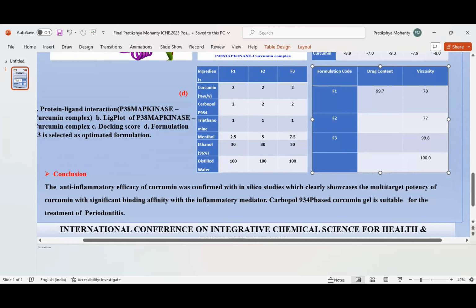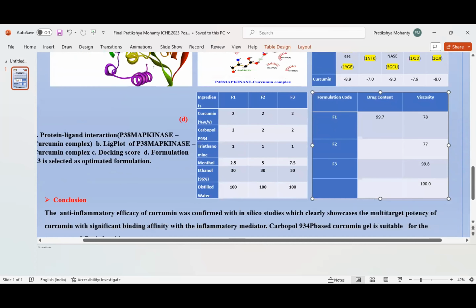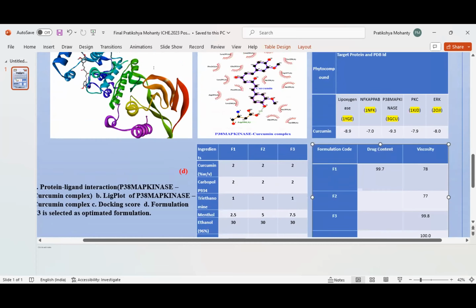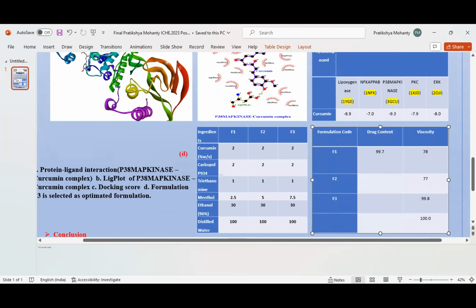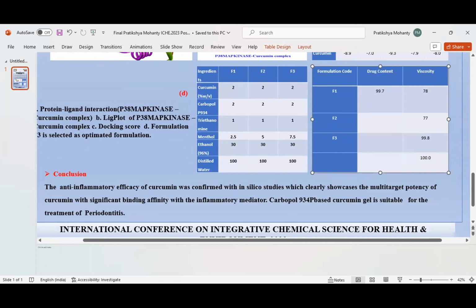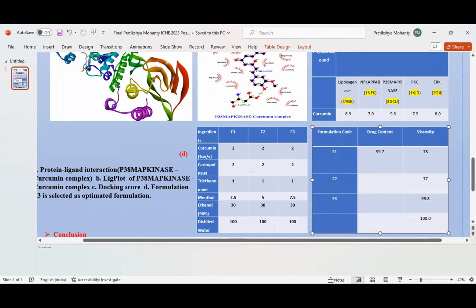As I am showing that there is a good binding affinity of curcumin towards P38 MAP kinase, I decided to further use it as a nanogel formulation. And Carbopol 934 based curcumin gel is suitable for this formulation as per the given result, ma'am. Thank you.